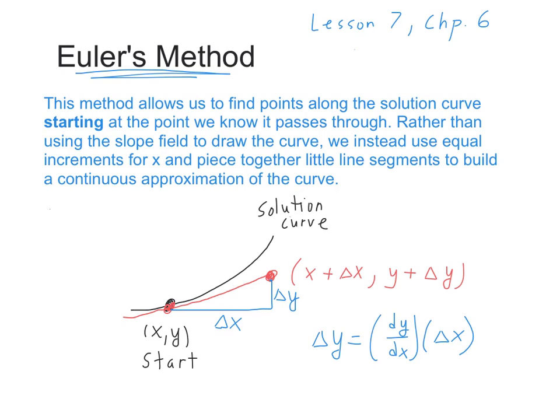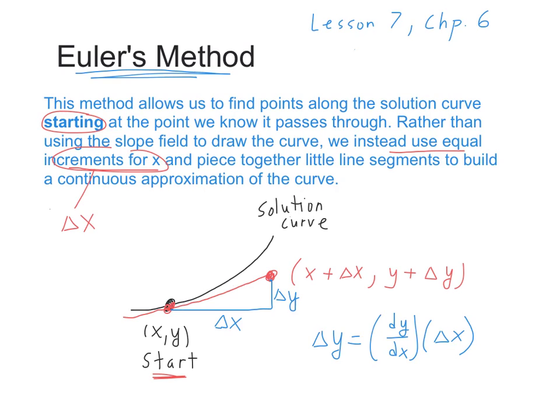Instead of creating a slope field, what we're going to do is start at the point that we know it's passing through. The point that we know it's passing through, we're going to call (x, y). So down here in my diagram, I labeled that our starting point. Okay? So rather than using our slope field to draw the curve, we are going to use equal increments for x, which by the way, we're going to call delta x, right?